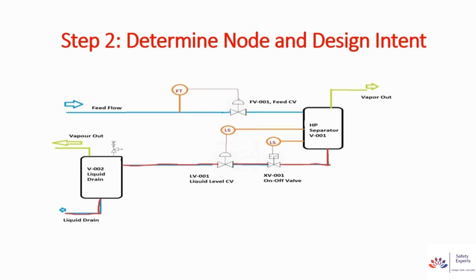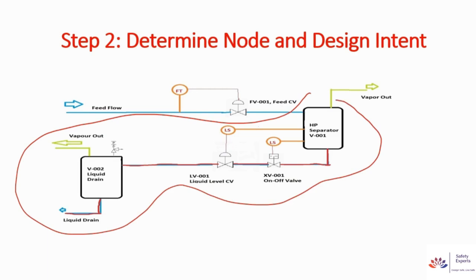Now obviously, determine node and design intent. As I have shown you, this is our node and this is the section we are interested in, and we are also marking up the P&ID. This is normally done: the red mark is made on the P&ID, and this P&ID is called the markup P&ID.